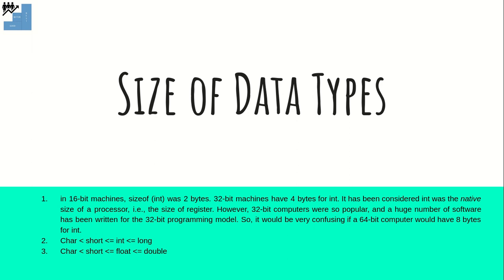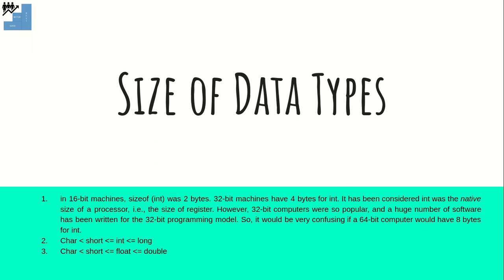However, the 32-bit computers were so popular and a huge number of software has been written for the 32-bit programming model. So it has become by default that integer is 4 bytes long or 32-bit long. Okay, so that is one thing. However, the following relation is always guaranteed, that the char data type will always be smaller than short data type.